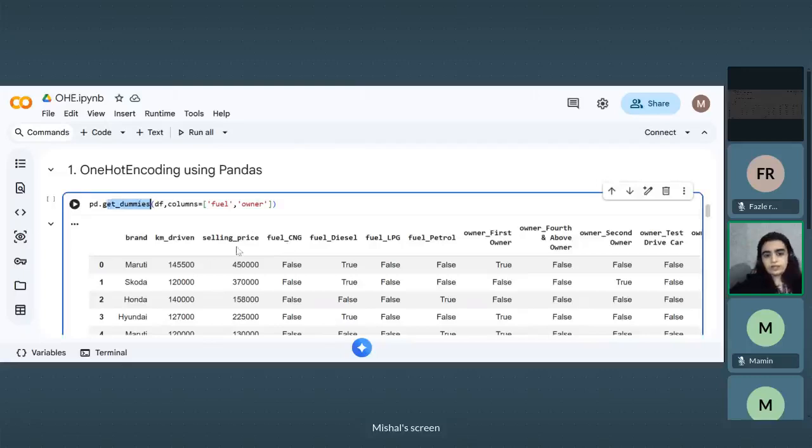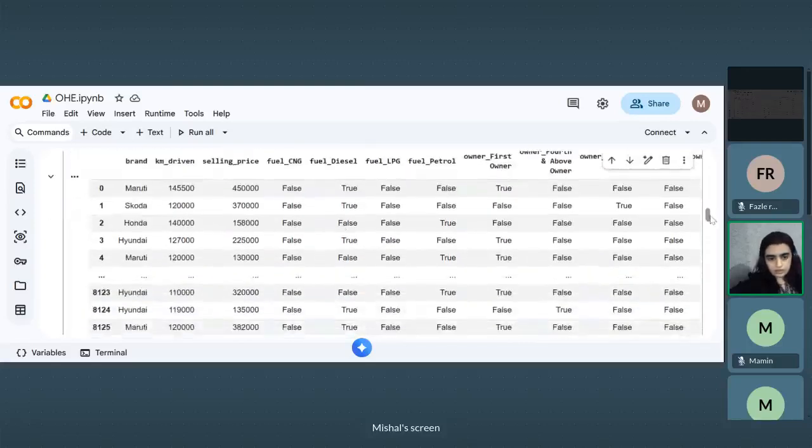Now we will have different columns instead of different categories in a single column. So we are applying this function on these two columns, fuel and owner. Okay, maybe we should just consider fuel, not owner. And here, what information do we have?